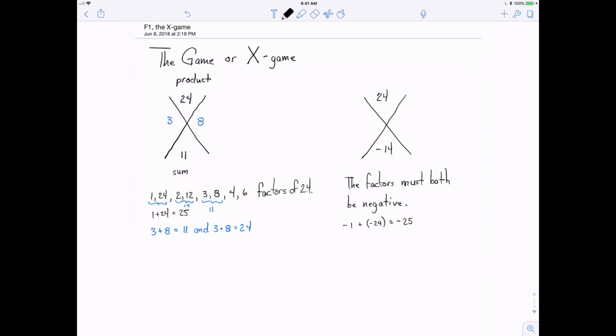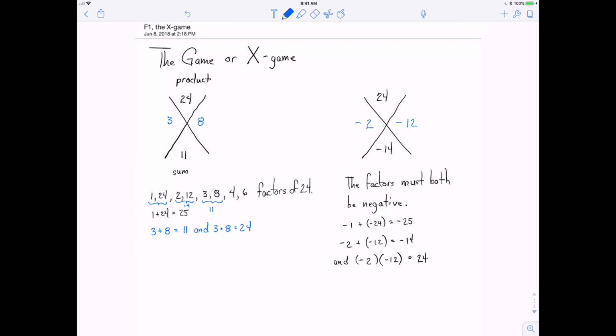So let's try our next one, negative 2 plus negative 12, and sure enough, that's negative 14, and we also know that negative 2 times negative 12 multiplies to positive 24. And so we could say then the results are negative 2 and negative 12. And the order of writing the results doesn't matter.